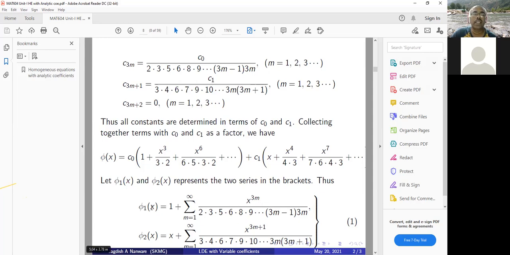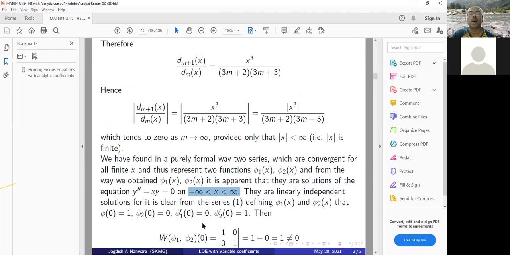So phi 1 dash at 0 is 0. Now you differentiate phi 2 of x. The derivative of x is 1 and the derivative of x to the power 3m plus 1 is 3m plus 1 into x to the power 3m plus 1 with this coefficient. Now phi 2 dash at 0: here it is 1 after taking the derivative, plus this term will be 0. So phi 2 dash at 0 is 1.